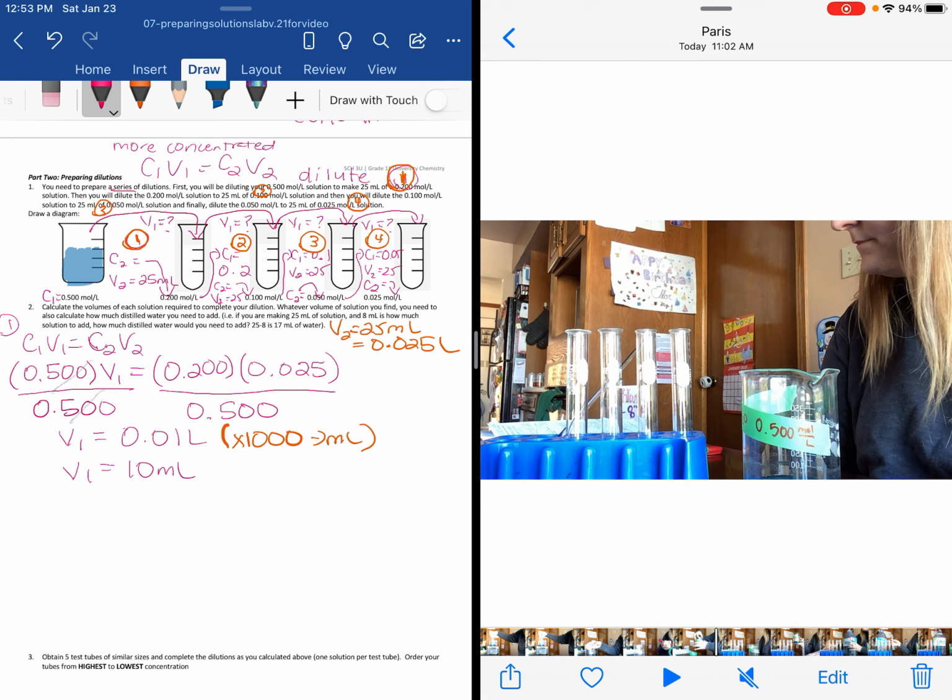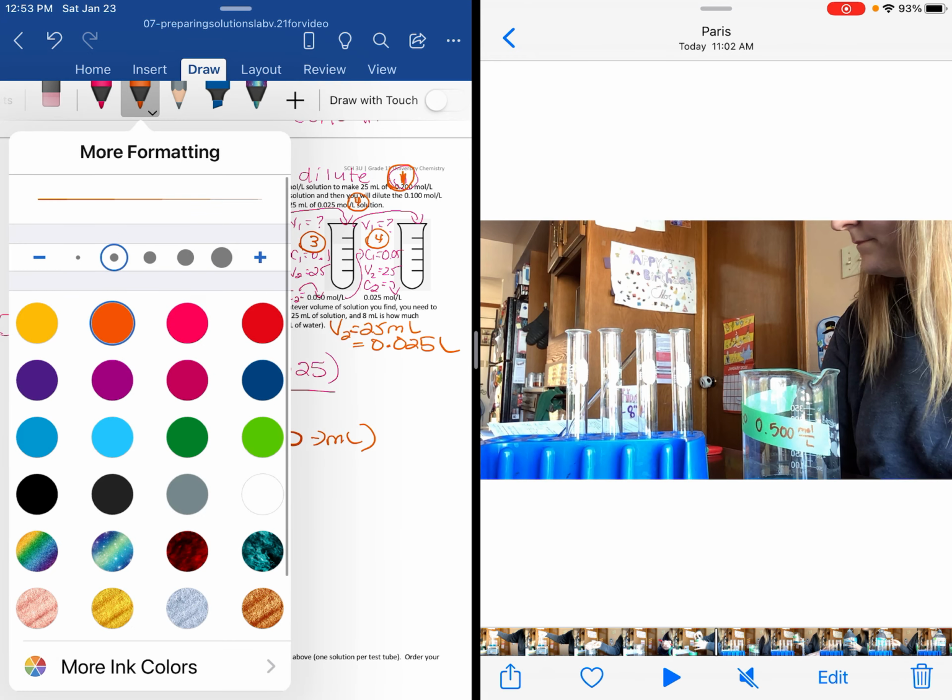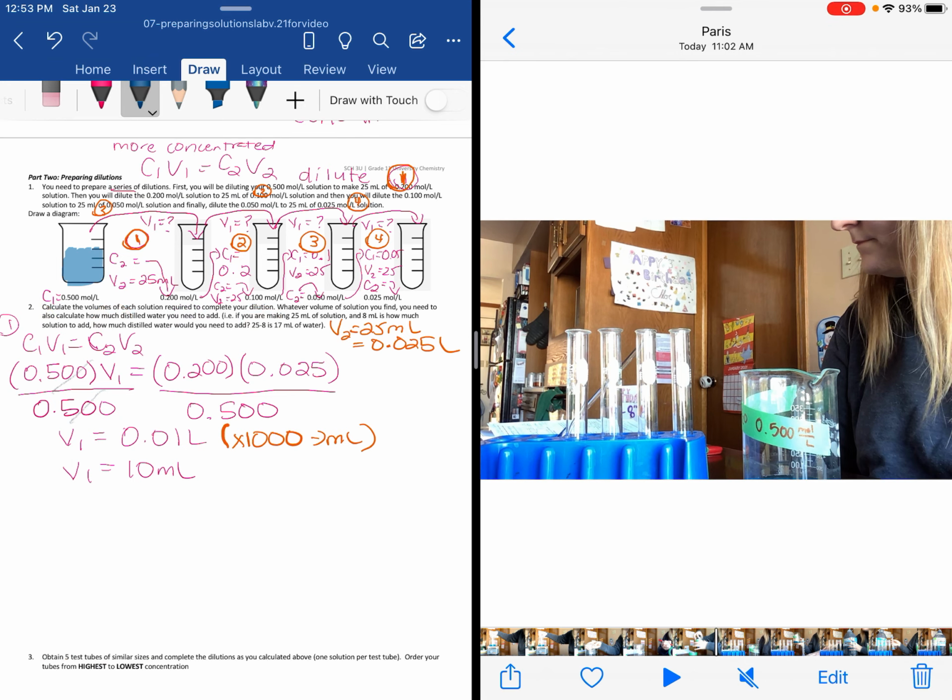Oh, wait. It does talk about the water. So if you want, I'll change to blue maybe here. If we want the final volume to be 25, but we have 10 milliliters of solution, then we're going to add 15 milliliters of water.